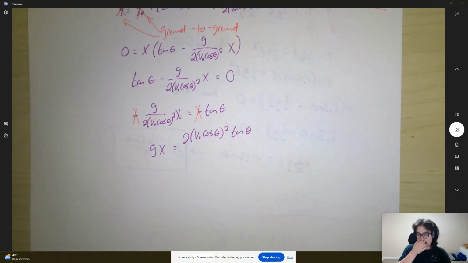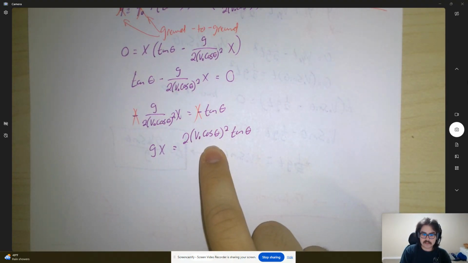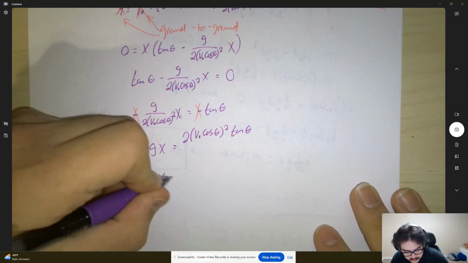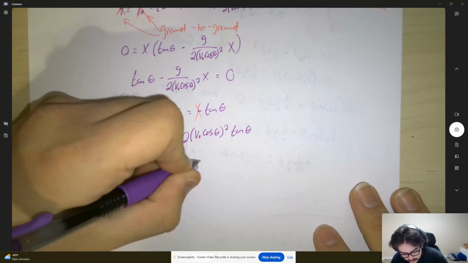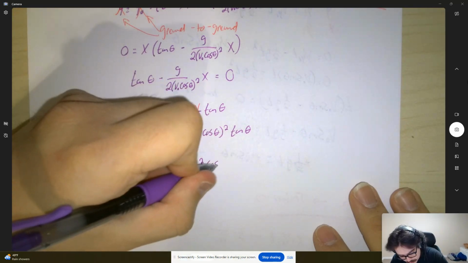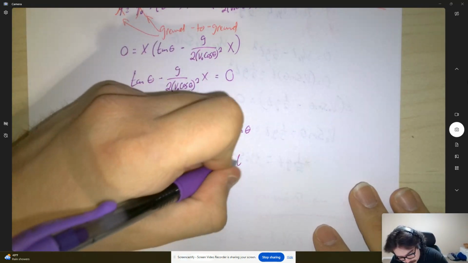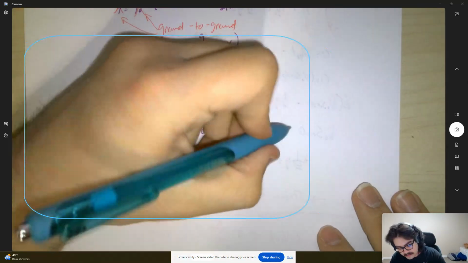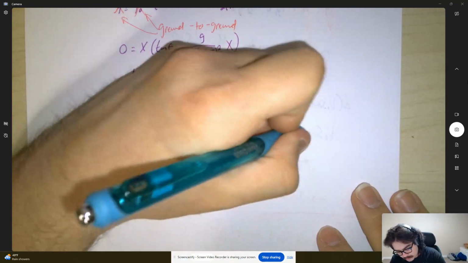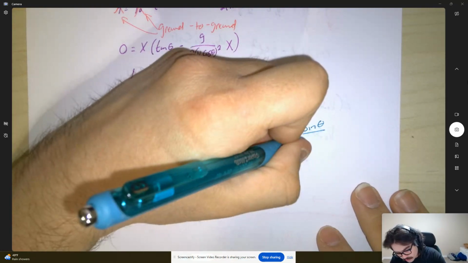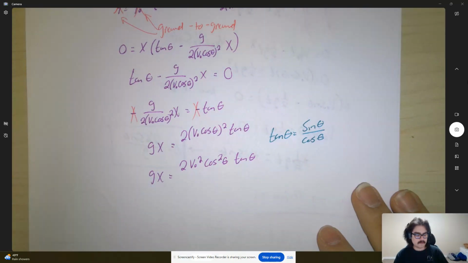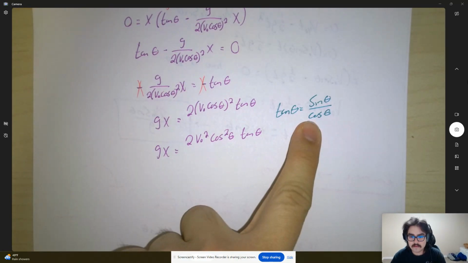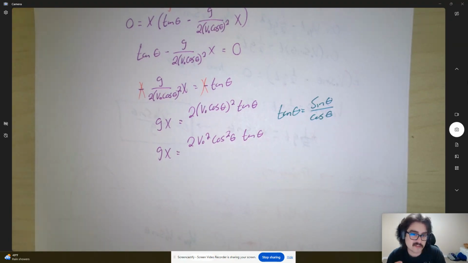Now what I'm going to do here is expand out this v naught cosine theta. And that's going to give me gx equals 2 v naught squared times cosine squared theta times tangent theta. If I remember from earlier that tangent of theta is simply equal to sine of theta over cosine of theta, then I'm going to replace that in there because it helps me cancel out a cosine.